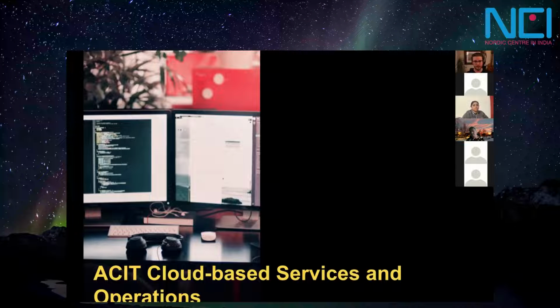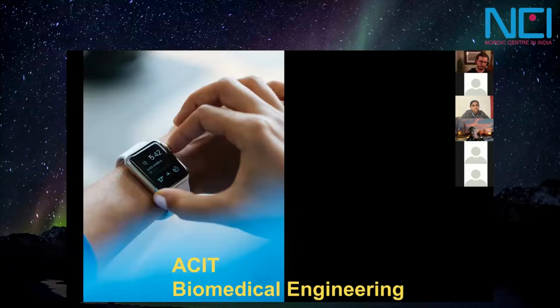We also have cloud-based services and operations. So this would be a specialization that is dealing with agile software development, automation such as automated testing, cloud-based systems, and so on. So many students who take this track typically go out into developer roles, or as so-called DevOps specialists in the industry later.